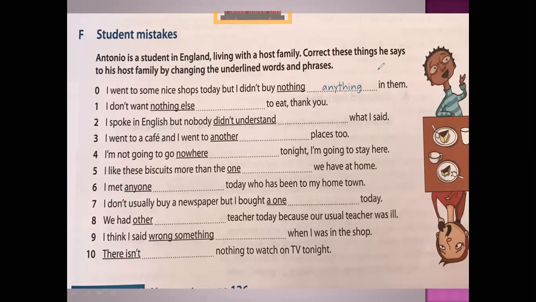What would you choose? First one. I went to some shops today, but I didn't buy nothing. Why can we not use nothing here? Because there's no adjective. I didn't, what is I didn't? Negative.